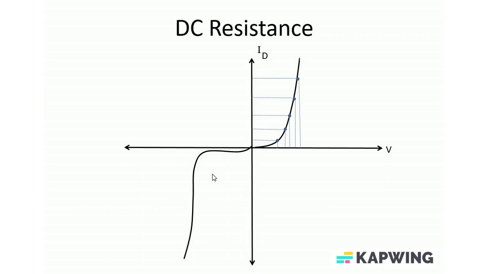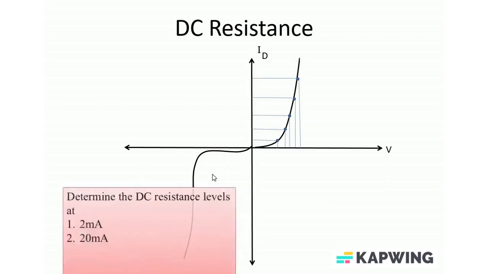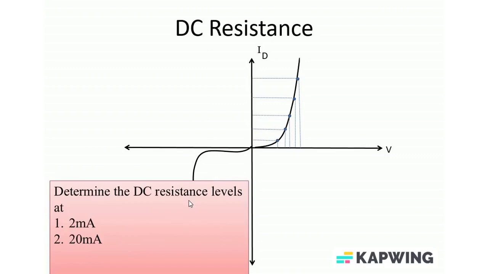Now let's consider a numerical example. We are asked to calculate the DC resistance level at a fixed point, at 2 milliampere, for example. Let's consider this case 1. Here is the 2 milliampere. We know the corresponding applied voltage. Here we have 0.5 volts available to the diode device.